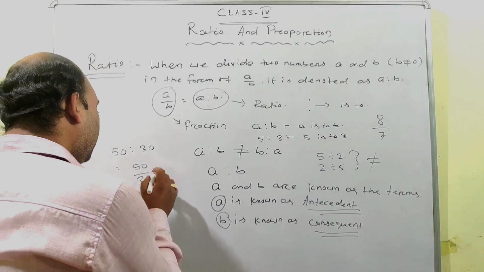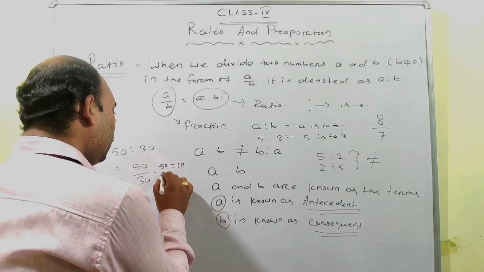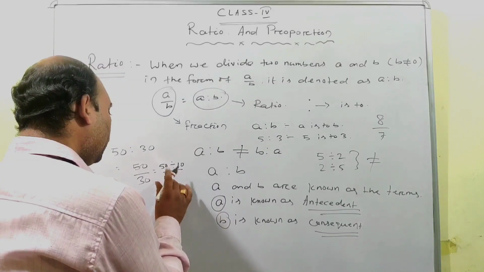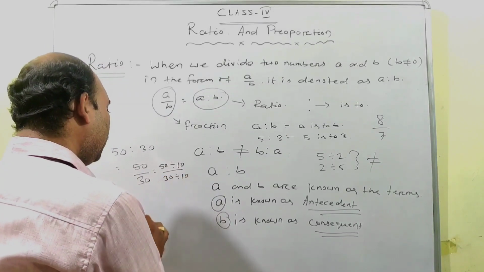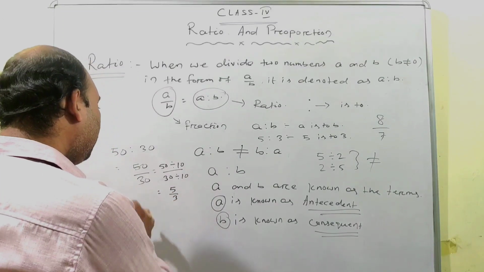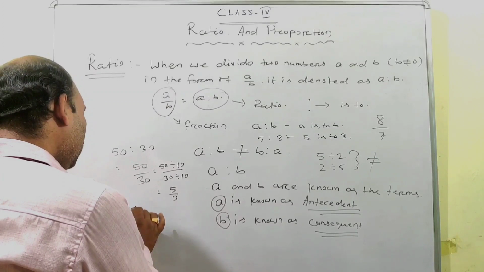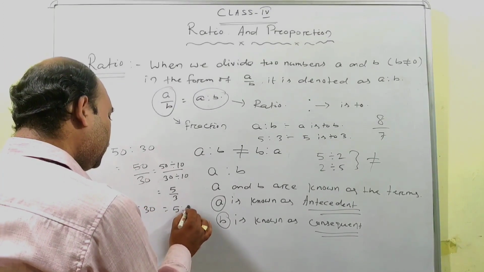So we can write here 50 divided by 10 upon 30 divided by 10. So what we get? 5 upon 3. It means 50 is to 30 is known as 5 is to 3.